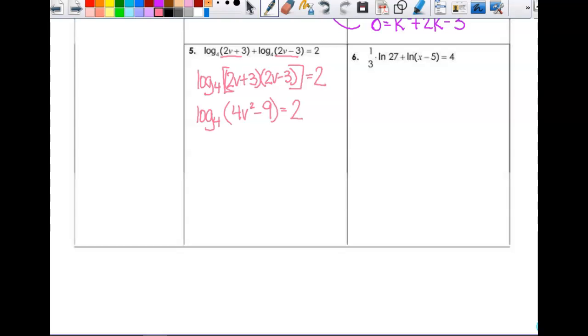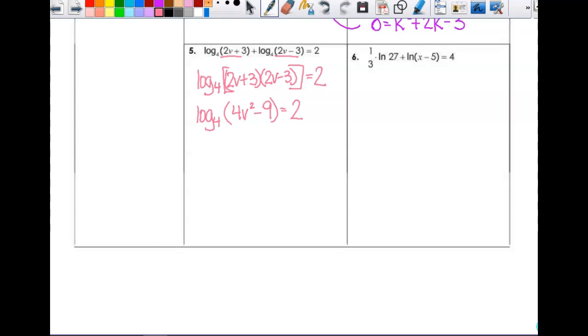Now rewrite this in exponential form. The base of the log is the base of the exponent. So write down your 4. Where do you get the exponent for that? What does that equal?